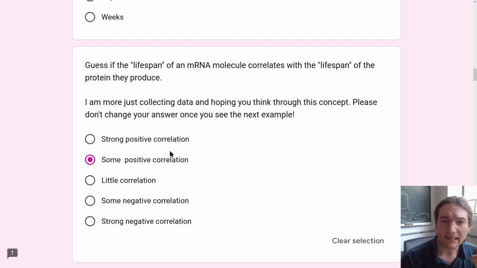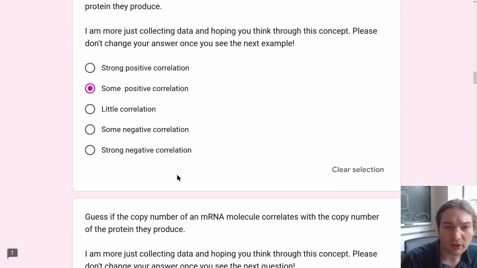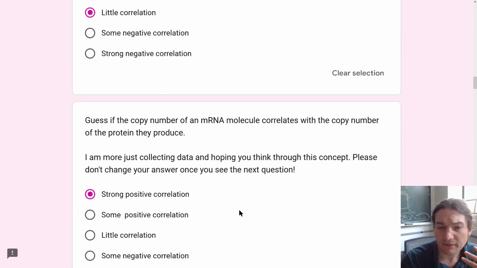So the lifespan of the protein is going to tend to be much longer than the lifespan of the mRNA. The quantity of the mRNA should also correlate with the quantity of the protein, but these are not the same thing. In fact, I think this one may be little correlation. The protein may last indefinitely, and the mRNA is always going to be fairly limited.